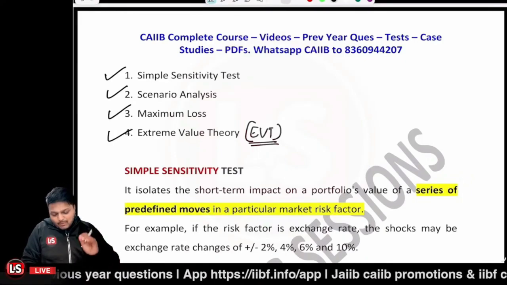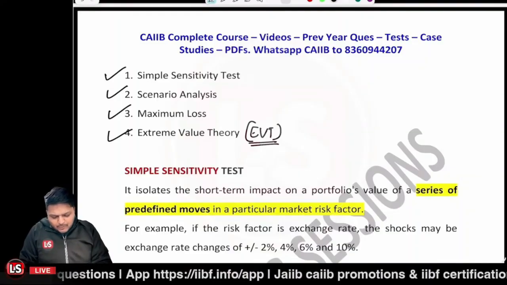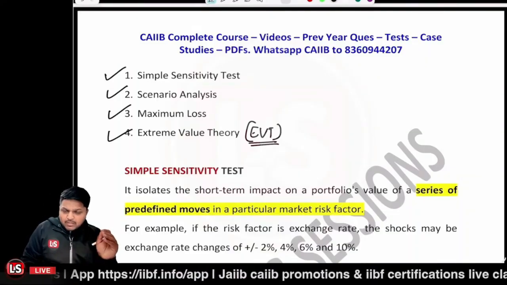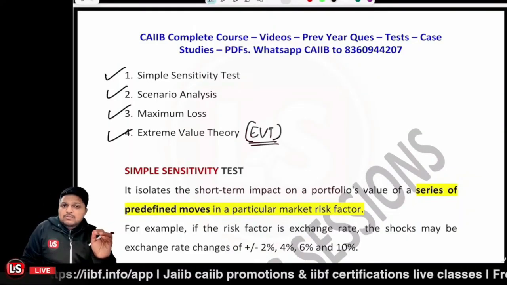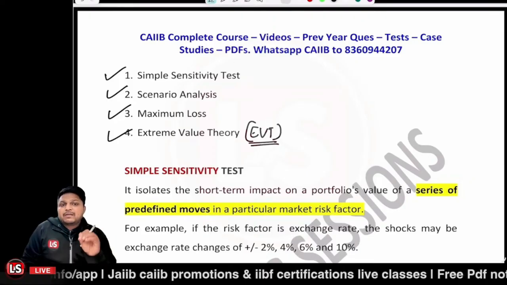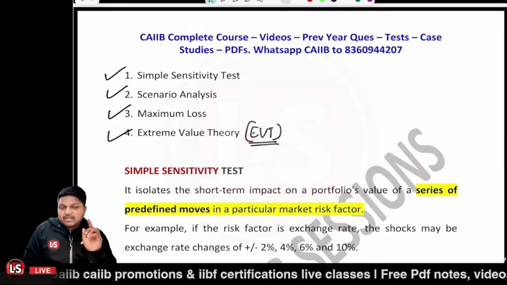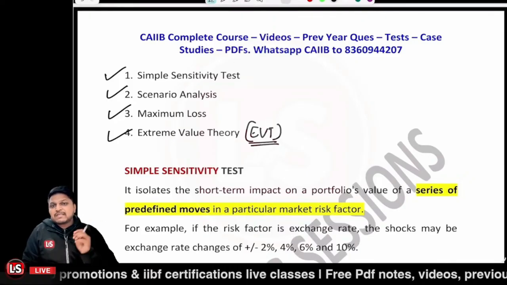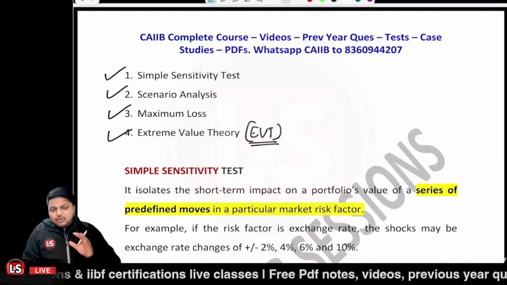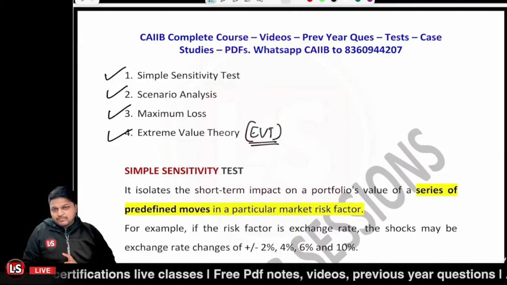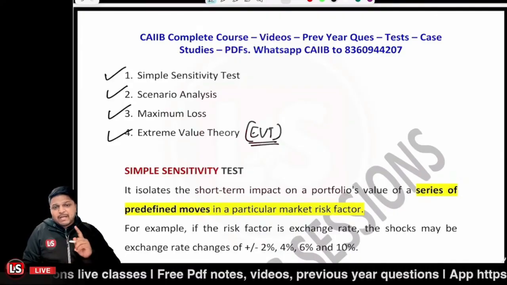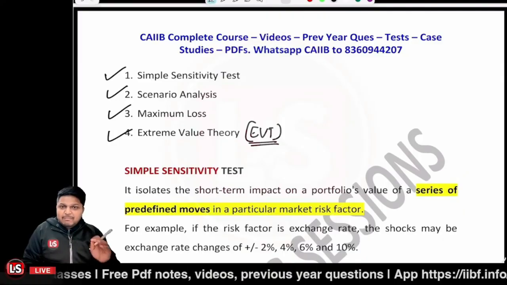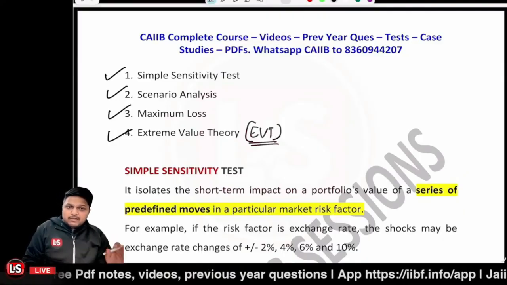If I tell you in very short about the simple sensitivity test, we measure the impact of a single risk factor. In case of sensitivity, we isolate one single parameter and change only that particular parameter in a unit manner, keeping all the other variables constant.